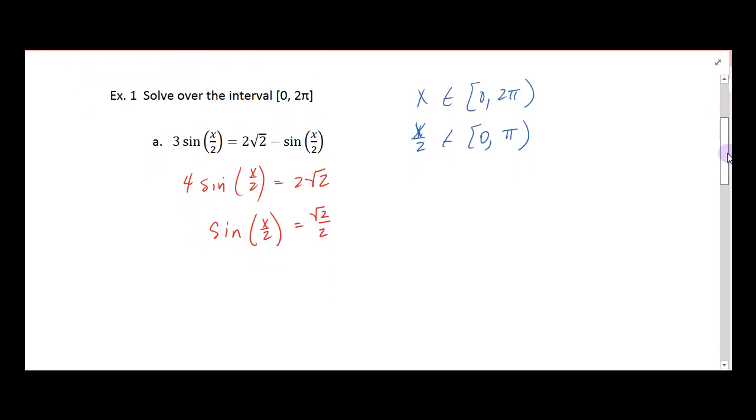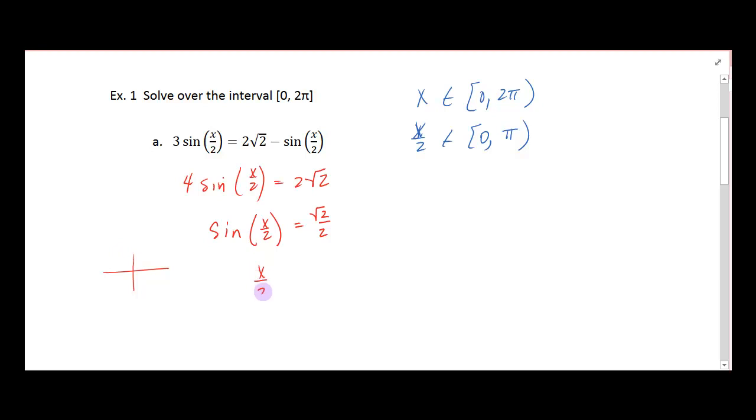Now we want to stop for just a second and ask ourselves, for what angle, when I take the sine of it, do I get a positive square root of 2 over 2? That's going to happen in both quadrants 1 and 2, right? When I take the sine of some angle, I get the square root of 2 over 2, and that's positive in both the first and the second quadrants.